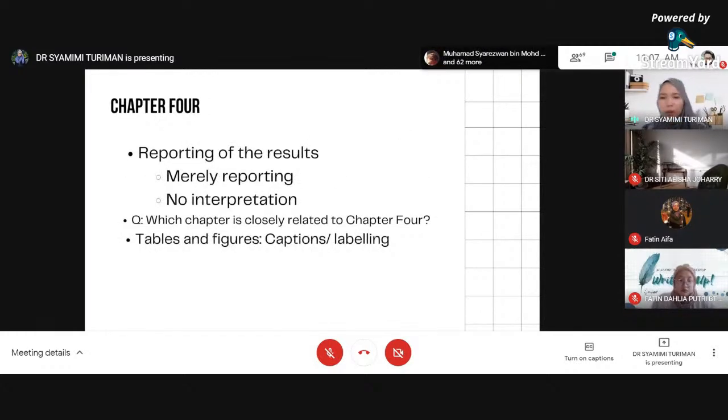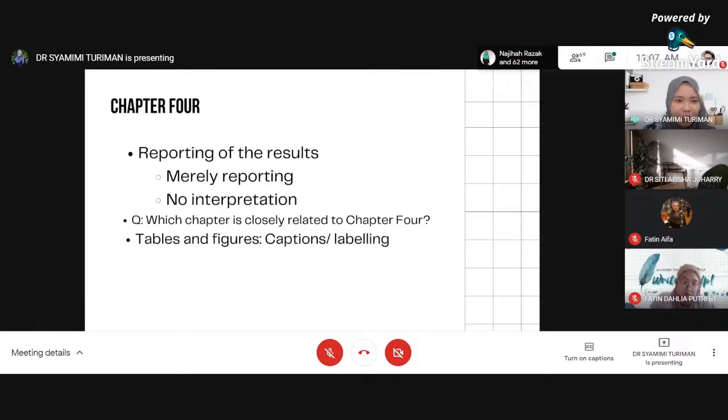Next, chapter 4 would be reporting of the results. I mentioned this in passing just now: a lot of students merely report their findings with no interpretation. I have given you examples in the previous slide where we talk about a good FYP, so you can refer to that slide.